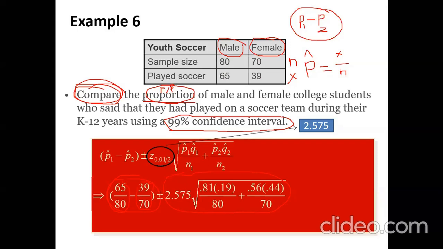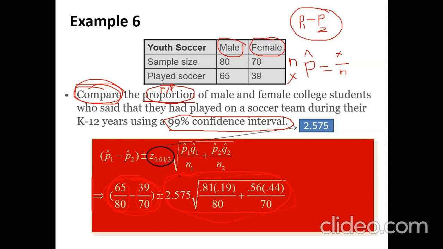And then plus minus, you insert the critical value 2.575, and P hat is 0.81, and Q hat, how to get Q hat? 1 minus P hat, then you will get 0.19, plus 0.56 times 0.44. Again, you need to calculate separately. This one first, the value of P, and this is the second calculation.